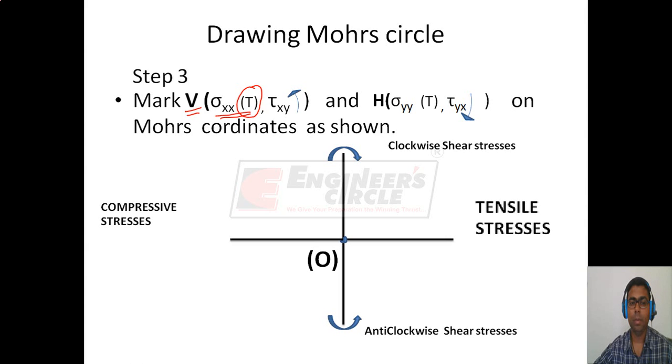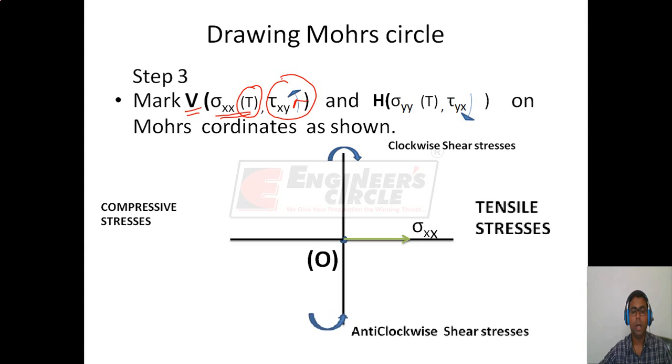So sigma xx can be marked like this. The y coordinate is tau xy. Since the arrow is in the anticlockwise direction, this tau xy is marked below the origin, as anticlockwise shear stresses are marked below the origin like this. So we get point V.